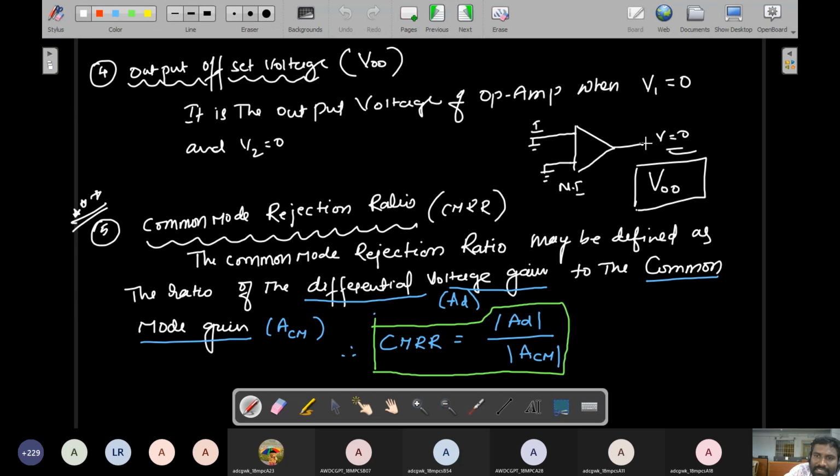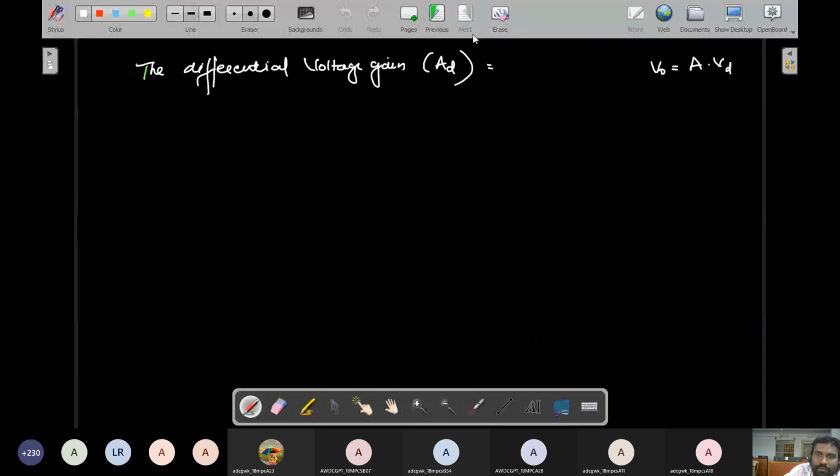Our output gives the gain times the difference of these input terminals. So VD is represented by V2 minus V1, non-inverting terminal minus inverting terminal. VD is nothing but the difference of the voltages.